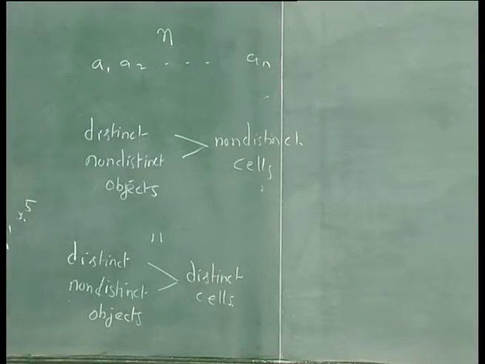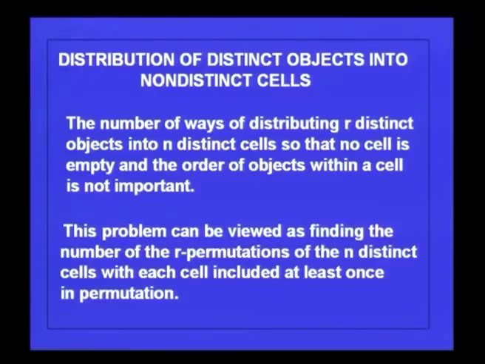So, first we consider the distribution of distinct objects into non-distinct cells. How the idea of exponential enumerator you can use. The number of ways of distributing r distinct objects into n distinct cells: first we consider r distinct objects and n distinct cells, then we will consider the non-distinct cells. So, that no cell is empty and the order of the objects within a cell is not important. This is what we will consider first.